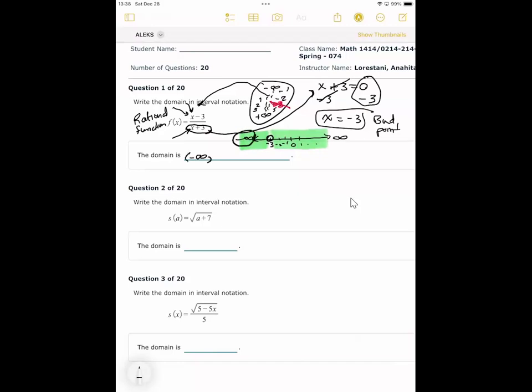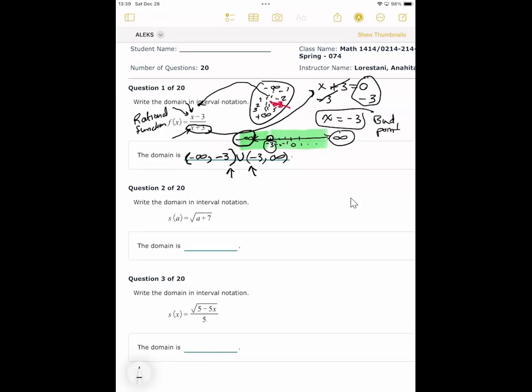For infinity and negative infinity, you always put parentheses, comma. We don't want -3. Since we don't want it, we don't put bracket, we put parentheses. Again, from -3, I can pick everything to positive infinity. Remember, for -3, we are putting parentheses to exclude -3. For infinity and negative infinity, we put parentheses.